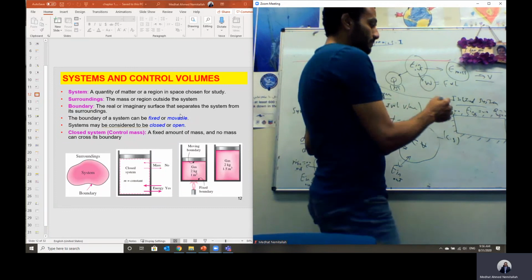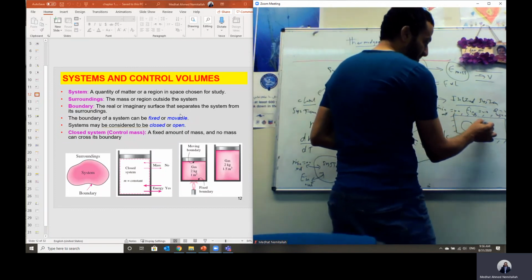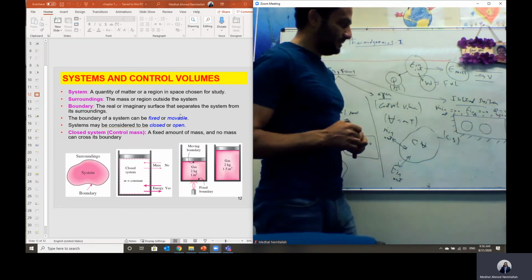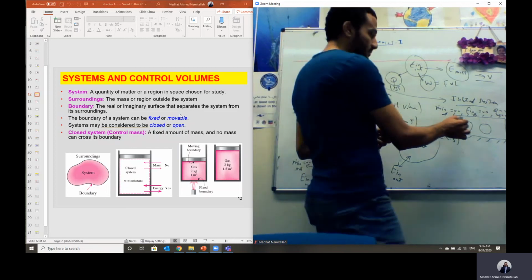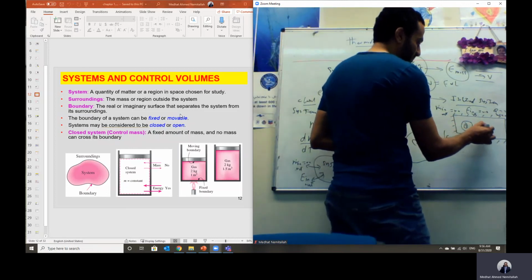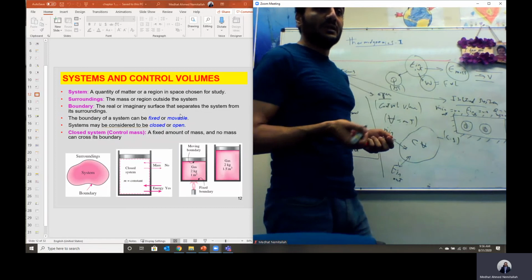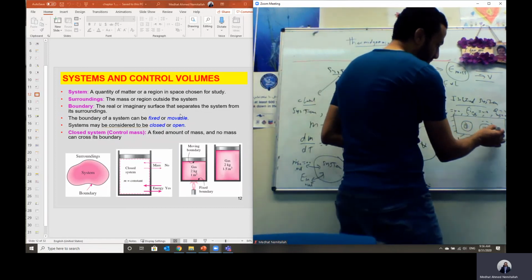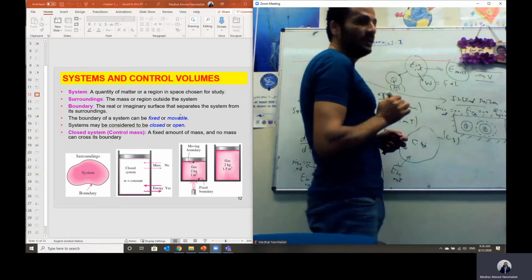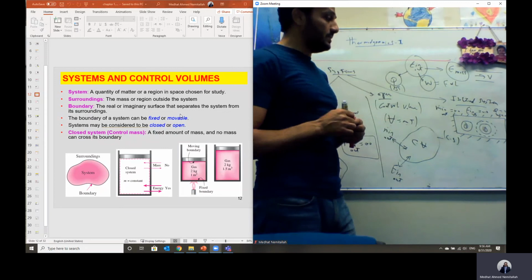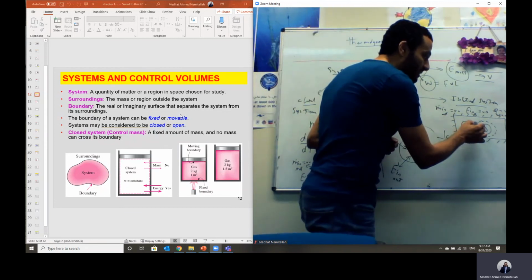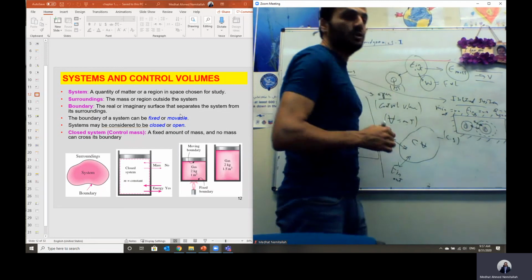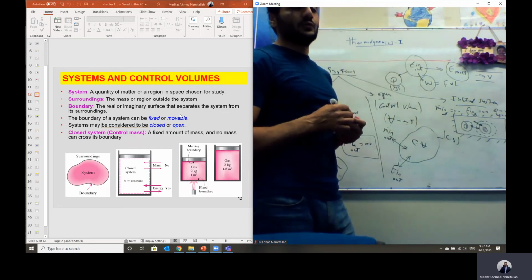Okay? But inside this isolated system, we may have open or closed systems. So let's say we have inside here system number 1 and system number 2. If I'm studying system number 2, I have to define the control volume; if it is an open system, then this system exchanges energy and exchanges mass with the next system. So it depends.